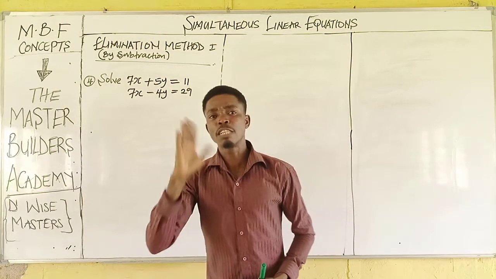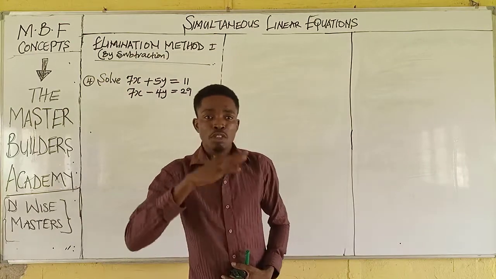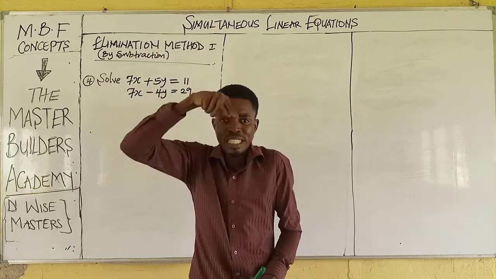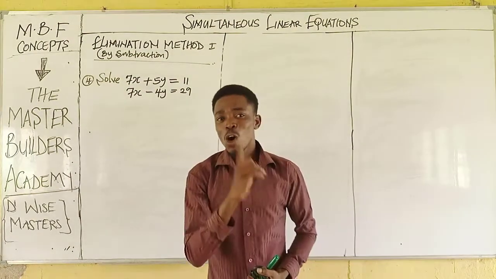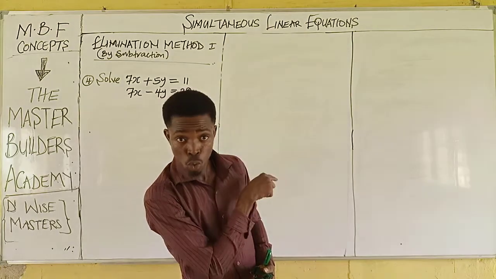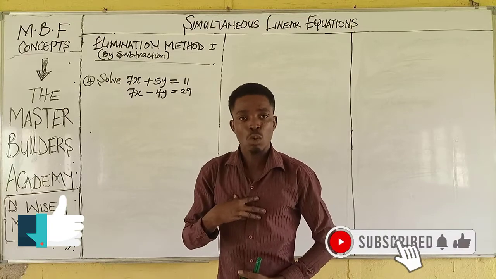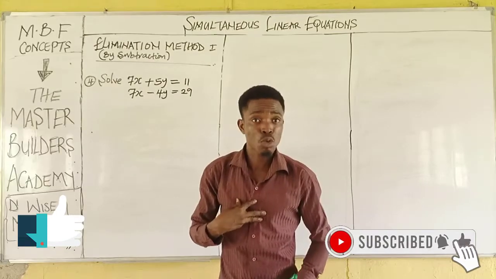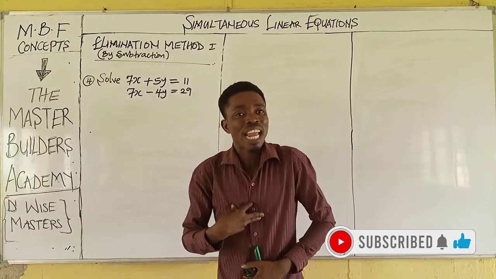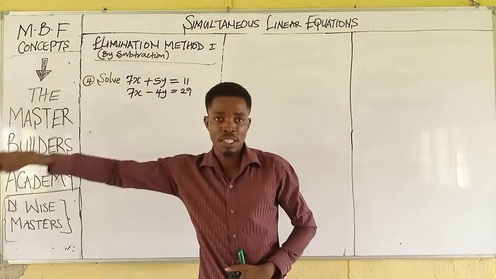Hope you heard me right. In both equations, the variable you have decided to eliminate, like I said, you must decide first on the variable to eliminate. So if I decide to eliminate x, I must ensure that the coefficients of x in both equations are the same. If they are not, I must find my way out to make them the same.